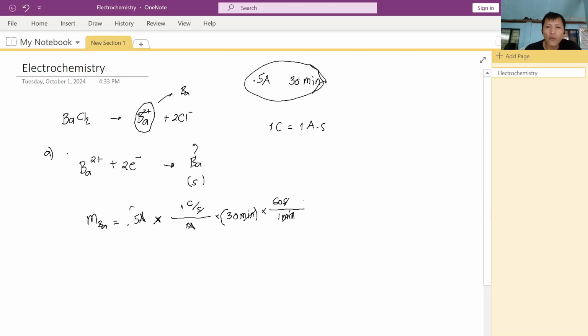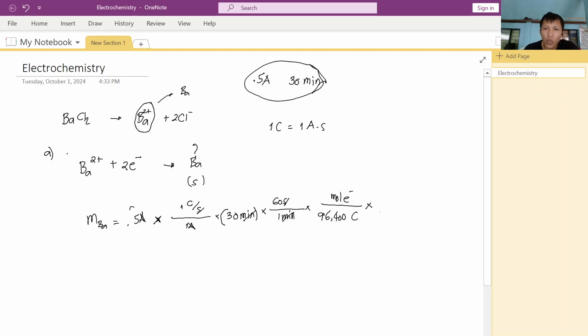Now we go to our Faraday's constant, that is 96,400 coulomb per mole of electrons. From our equation, this is the mole of electrons.